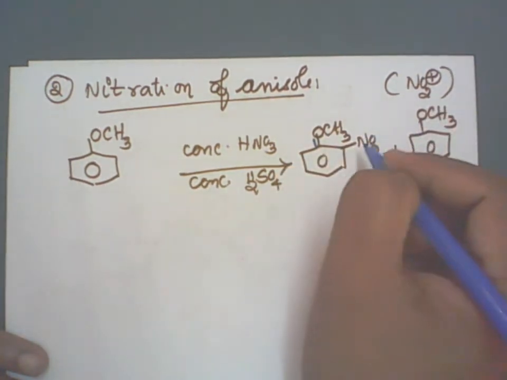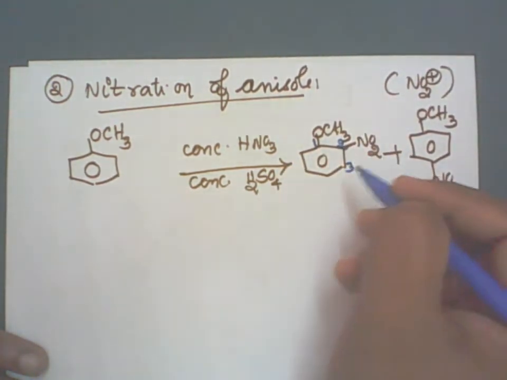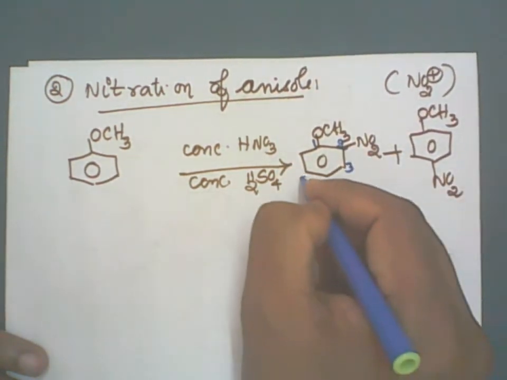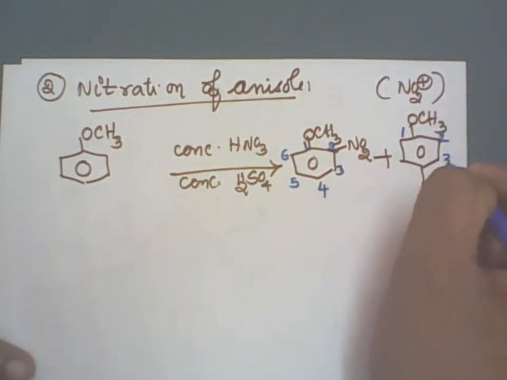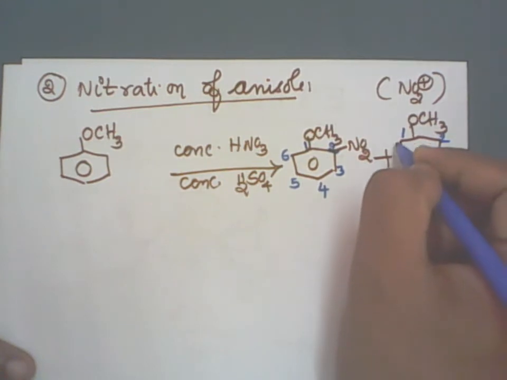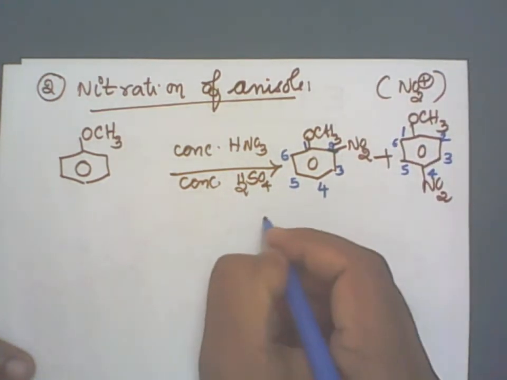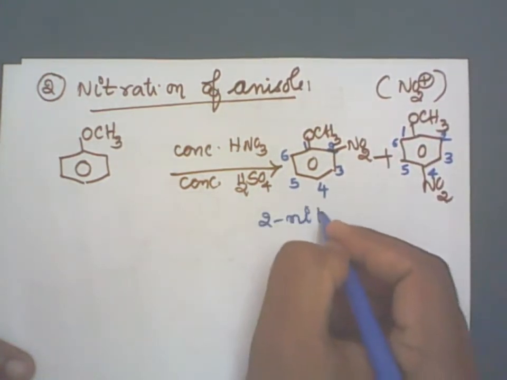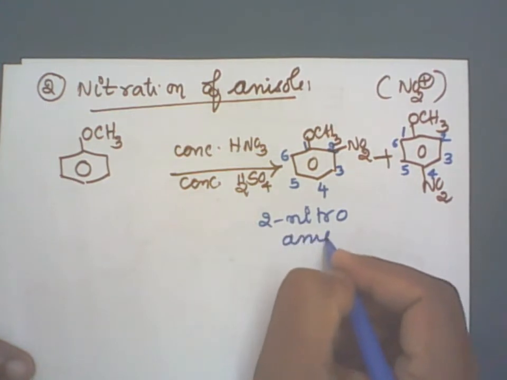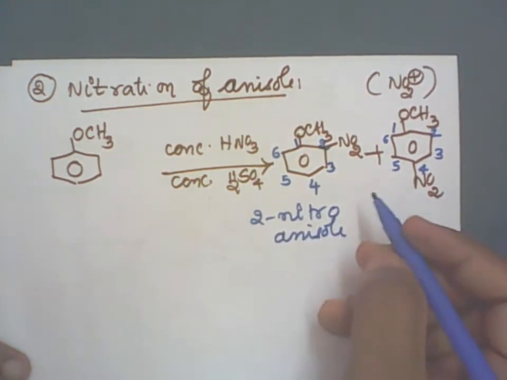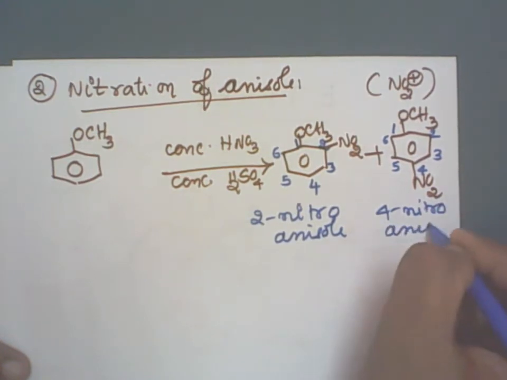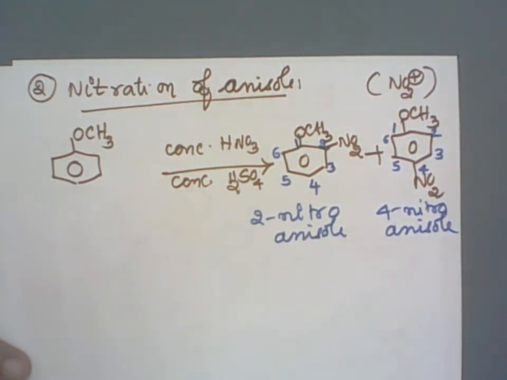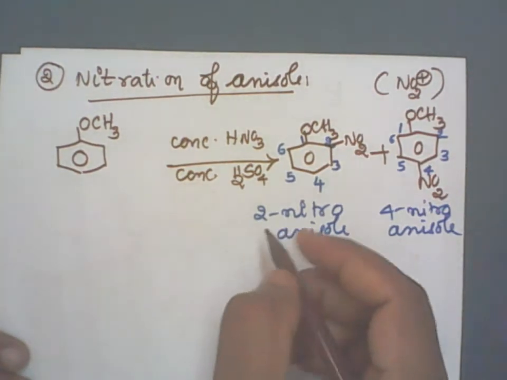Carbon number 1, 2, 3, 4, 5 and 6. Here also 1, 2, 3, 4, 5 and 6. So this is 2-nitroanisole, and this is 4-nitroanisole.